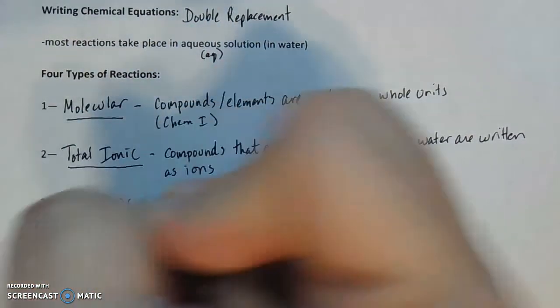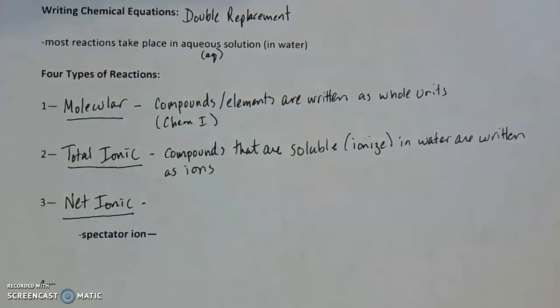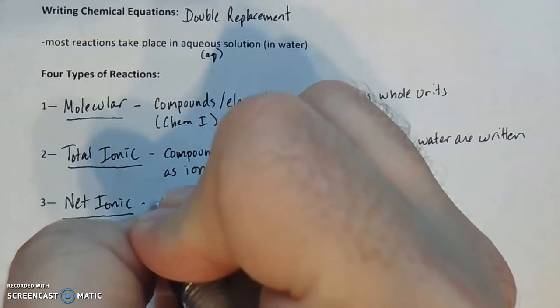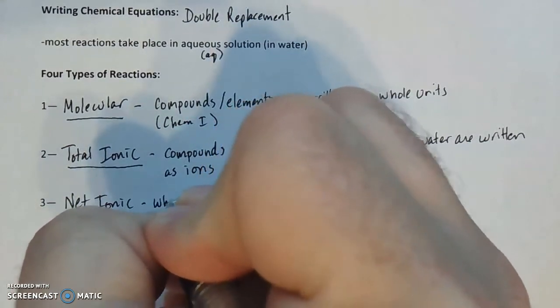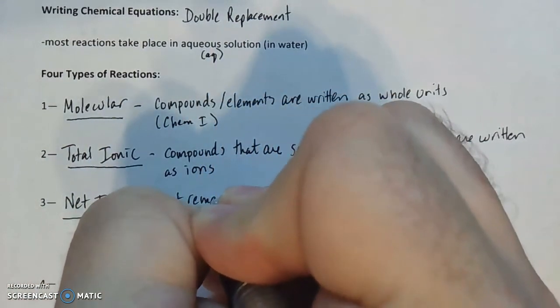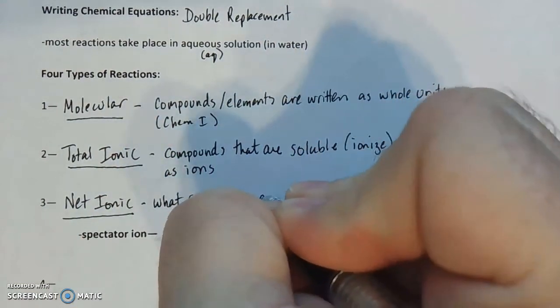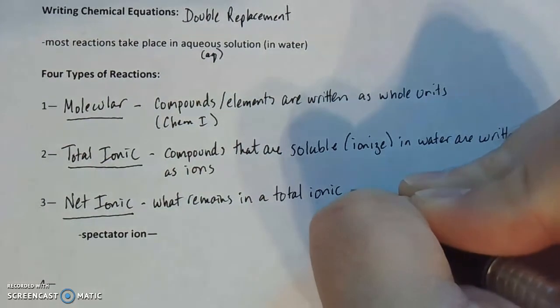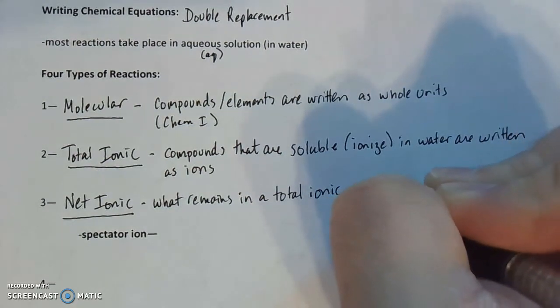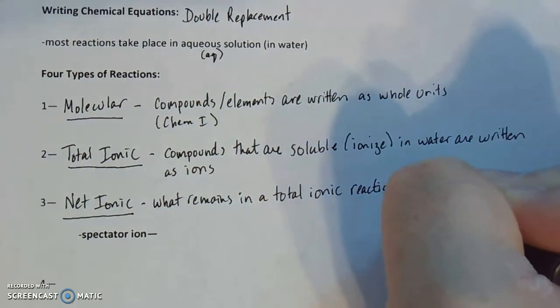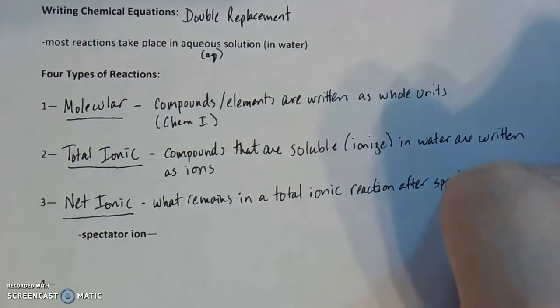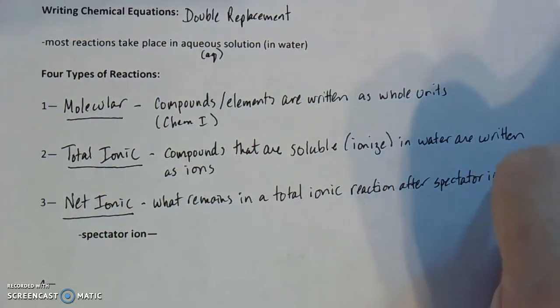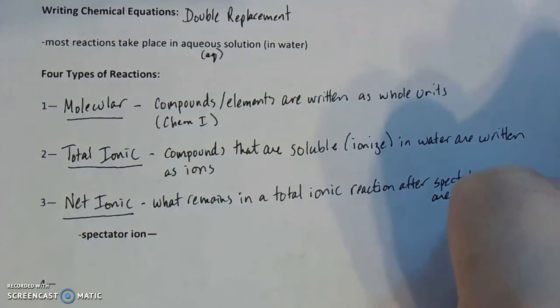The third type is a net ionic reaction. So this is what remains in a total ionic reaction after spectator ions are removed.